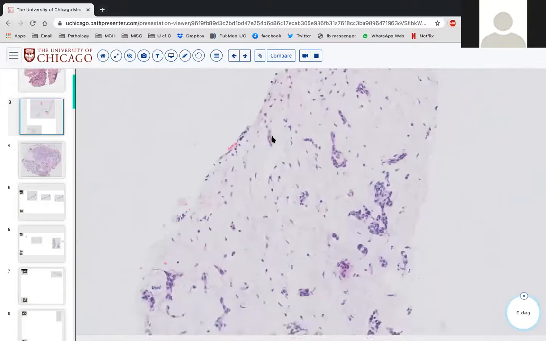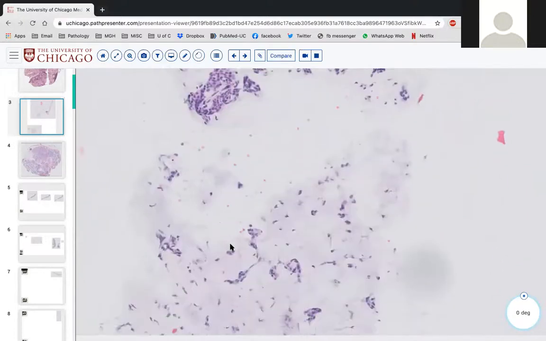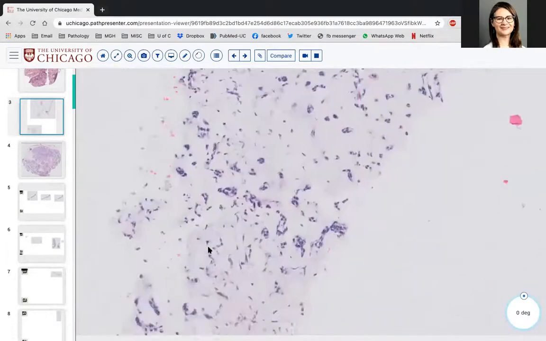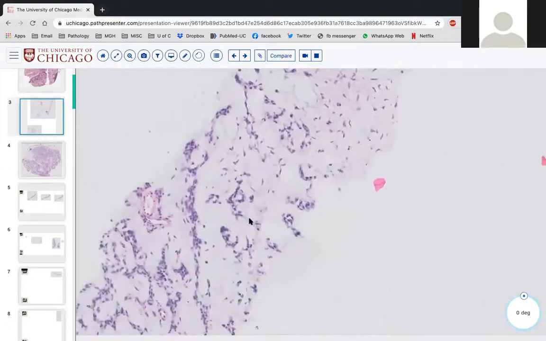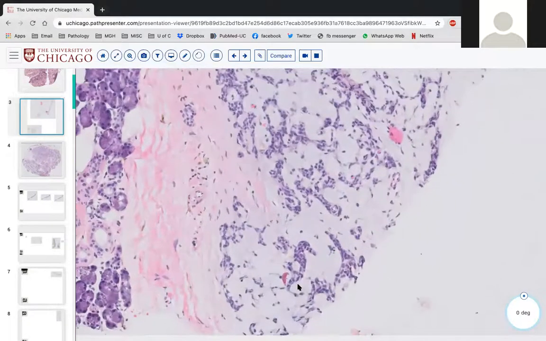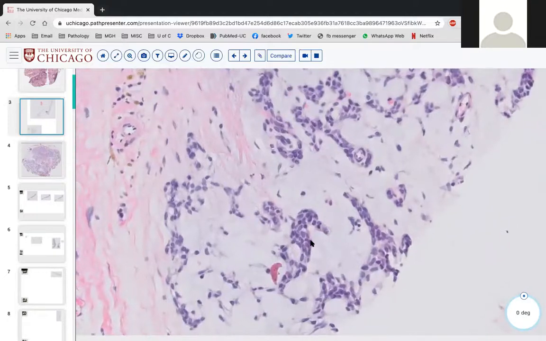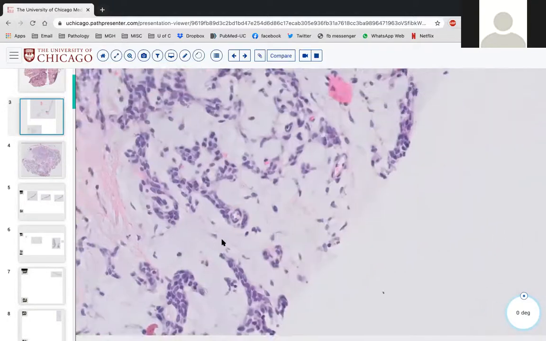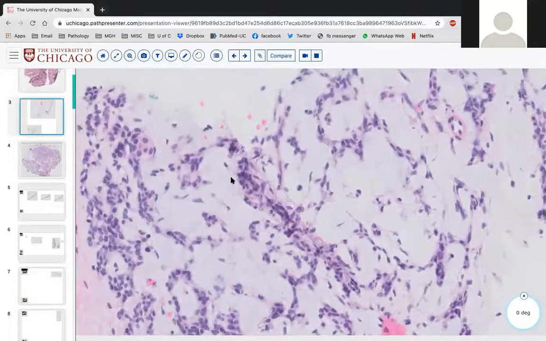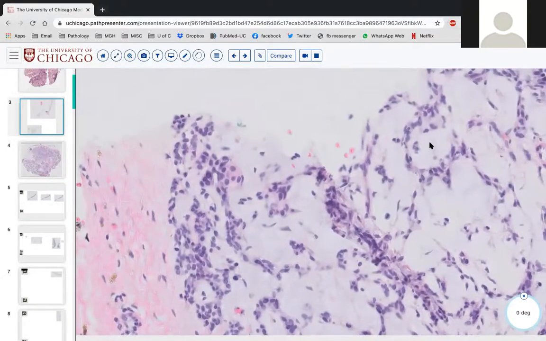Yeah, so as far as thinking of the categories, with all this mucin, it jumps to that mucinous category. But honestly, that looks like largely the myoepithelial component of a PA. That is what it's reminiscent of to me.